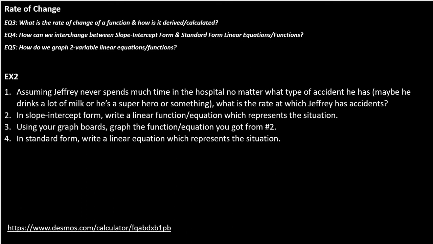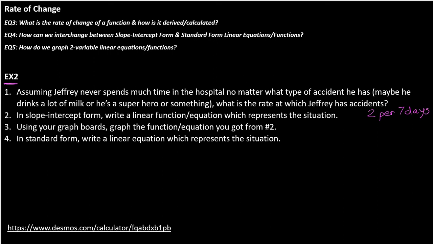Okay, so second example. Assuming Jeffrey never spends much time in the hospital, no matter what type of accident he has, maybe he drinks a lot of milk or something, what is the rate of change, or the rate at which Jeffrey has his accidents, right? So it's 2 per 7 days, which is 2 per week, right?